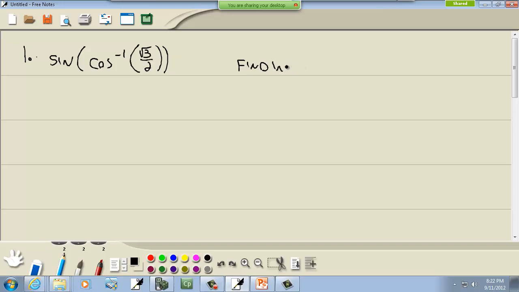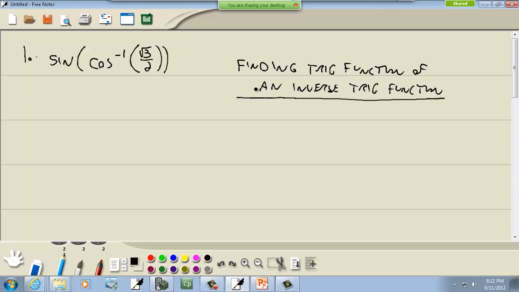This is finding the trig function of an inverse trig function. So we got a trig function on the outside, we got an inverse trig function on the inside.